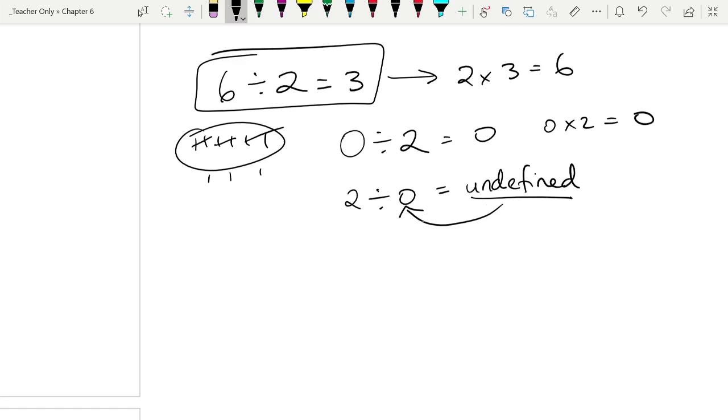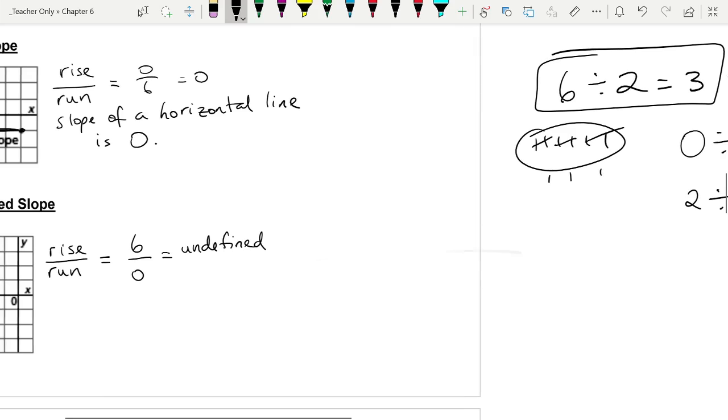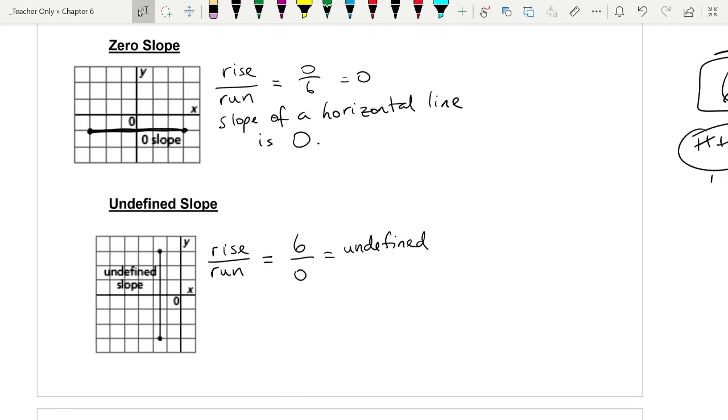Once again, people who want to call this an infinity answer, does infinity times 0 make 2? If I had infinite zeros, would I count that up and say that I have 2? Nope. There is no answer to this. So, if it's never really been explained to you why you can't divide by 0, that's kind of the crux of the argument. We can't count and divide by 0 using the same number system.